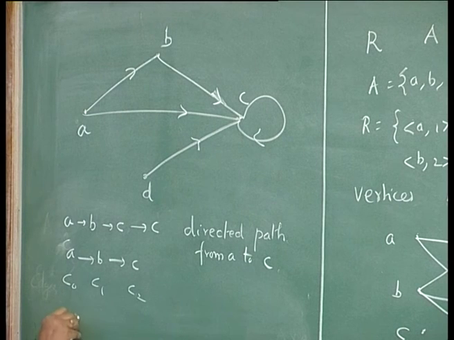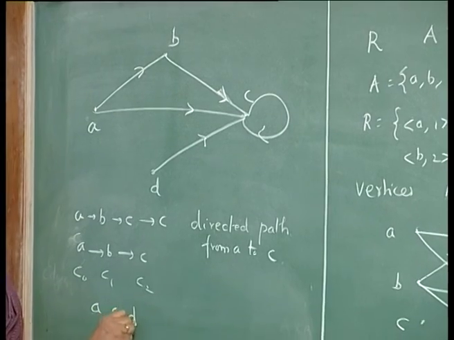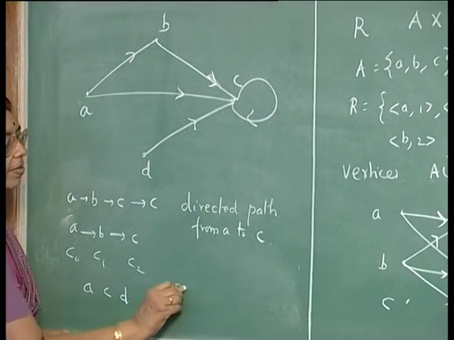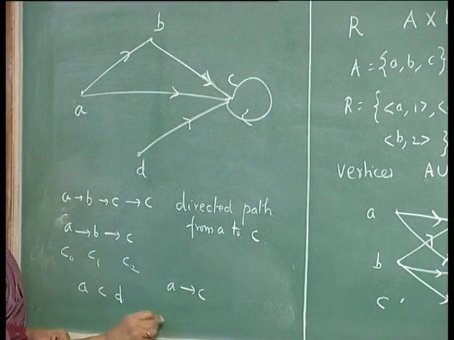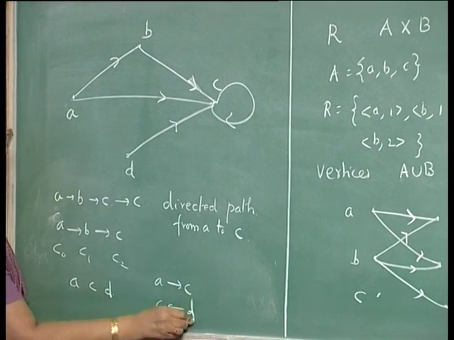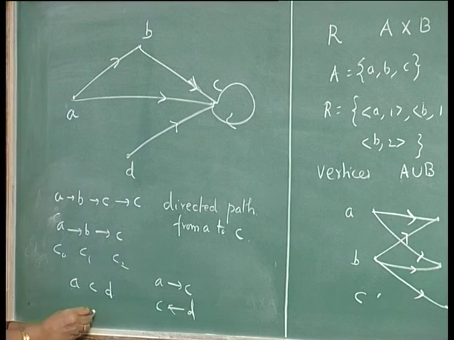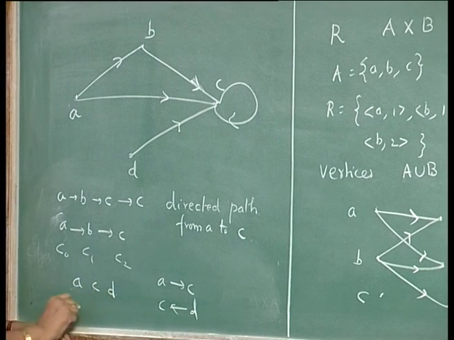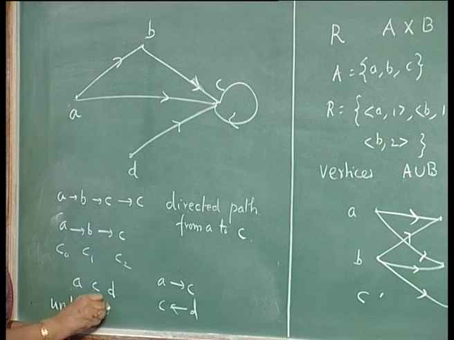If you consider A, C, D, from A to C there is a directed edge like this, but from C to D it is directed in the reverse direction. So, ACD is an undirected path. It is a path, but it is not directed. It is called undirected path.